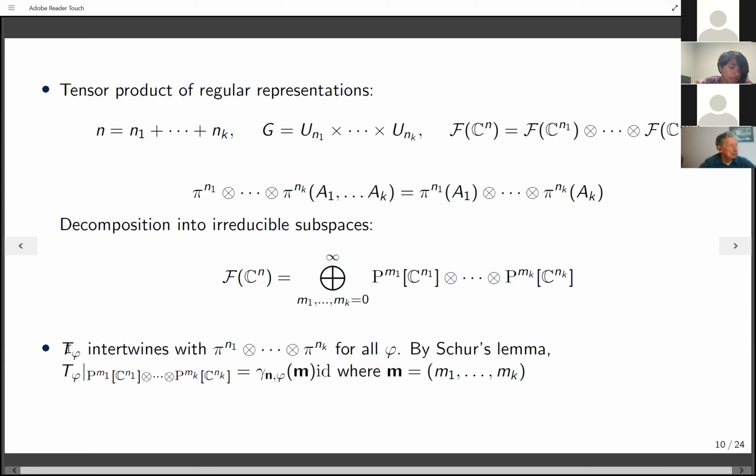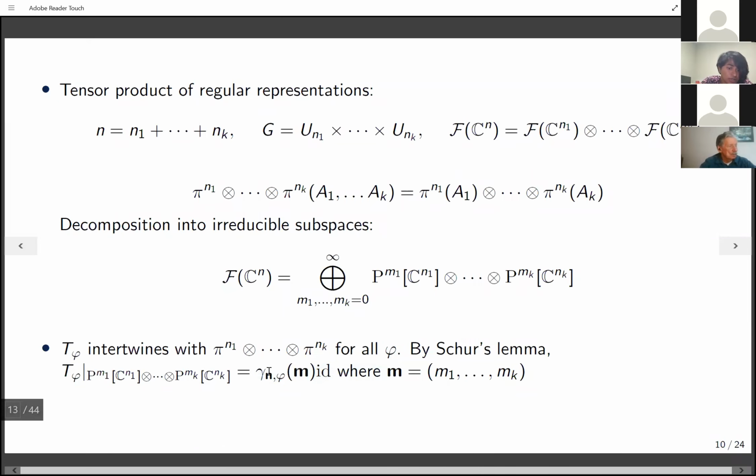In addition, the Toeplitz operators with quasi-radial symbols intertwine with this representation for all phi. So by Schur's lemma, we get that T phi restricted to any of these spaces is a constant times the identity.